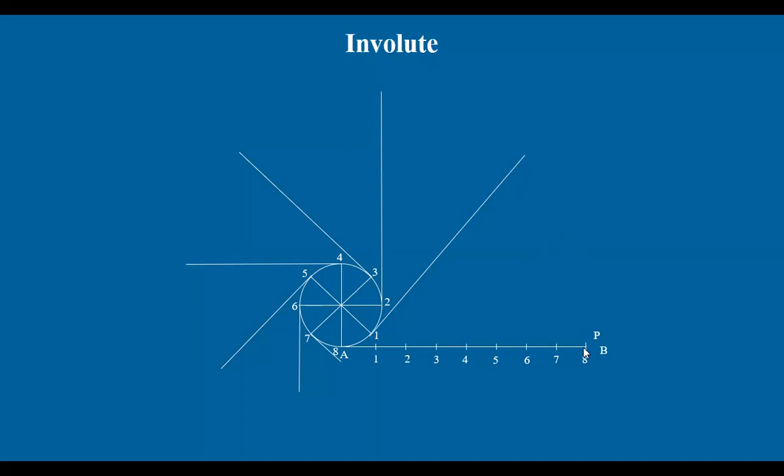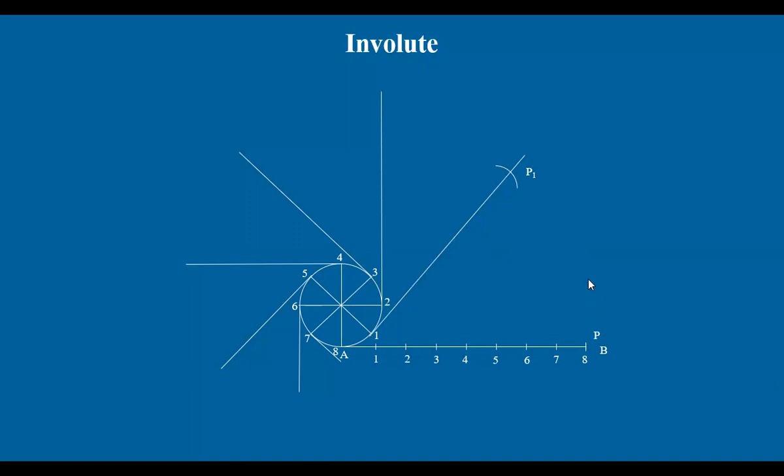So initially we start with A as center and AP as radius, and slowly draw an arc here. At 1, you'll be moving like this. So 1 as center and 1, 8 as radius, draw an arc here on the first tangent.